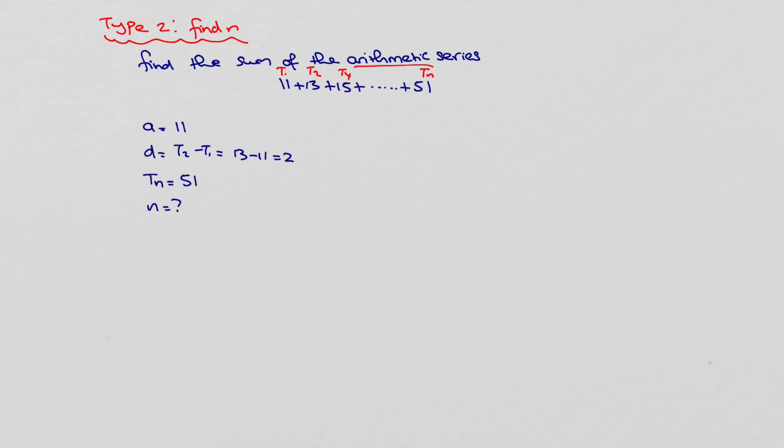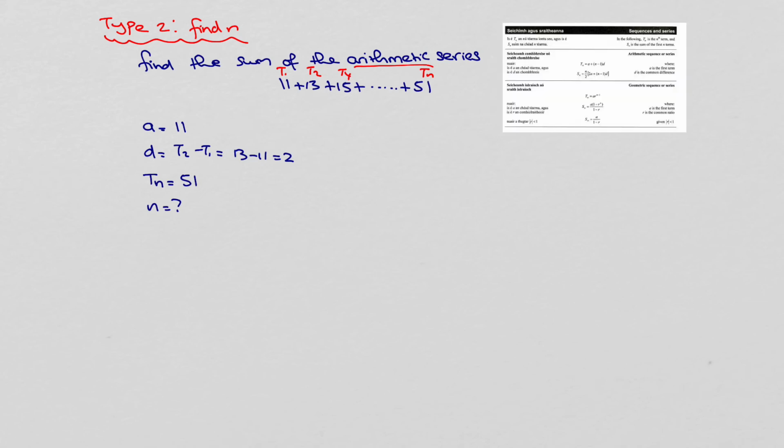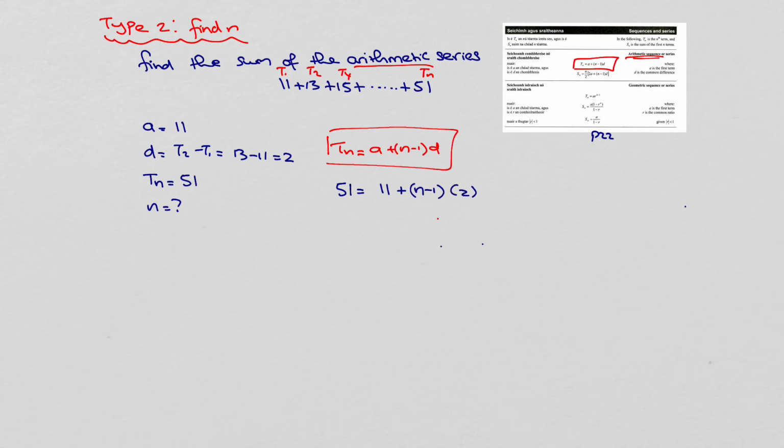So if I go to my tables, and again, page 22, we can see that the general term for an arithmetic sequence is given by T of n is equal to A plus n minus 1 times D. And therefore, if that's 51 and A is 11 and D is 2, then I have a very simple linear equation to solve, which gives me 2n is equal to 51 minus 9.